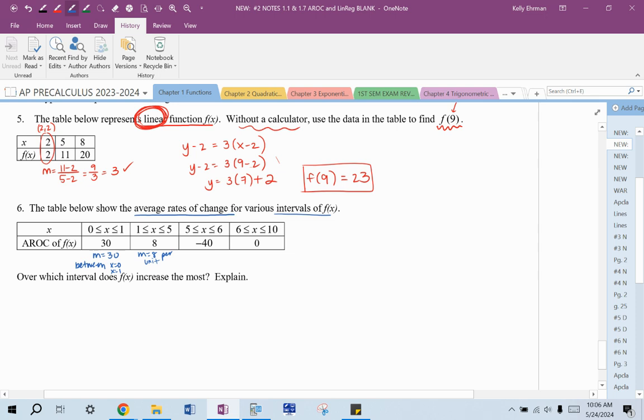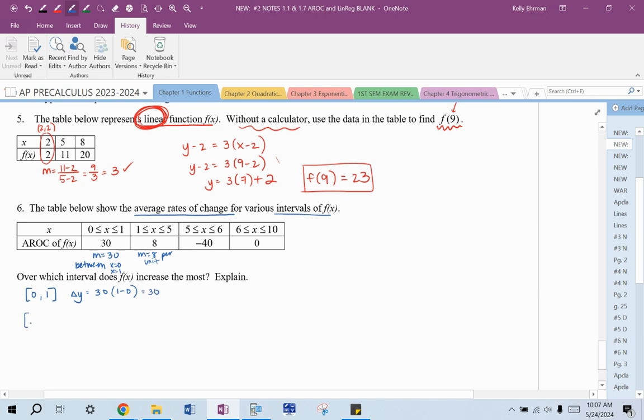So here's what we really want to look at. Over which interval does f of x increase the most? They're trying to trick you and say, oh, 30 is obviously the biggest number. Done. Call it a day. Greatest average rate of change. But you have to look at the span of x's. If you were graphing these points from 0 to 1 on that interval, the slope of 30 over x values 1 minus 0 is a delta y of 30.